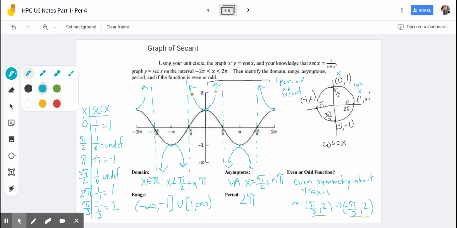Okay, so that is our parent function for secant. We can graph cosine first, and then essentially figure out where the asymptotes are and reverse the direction of the parabolas in between.